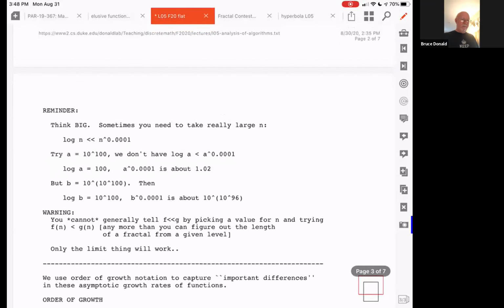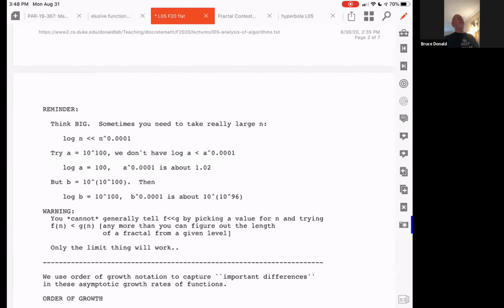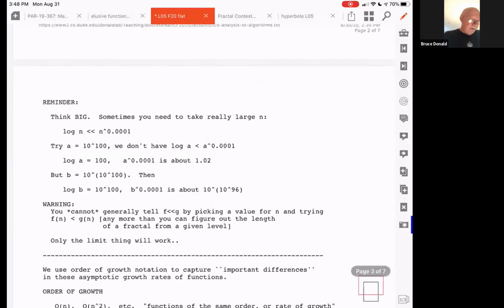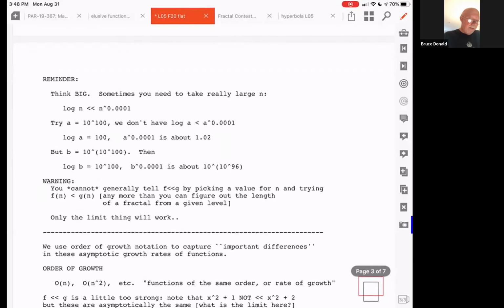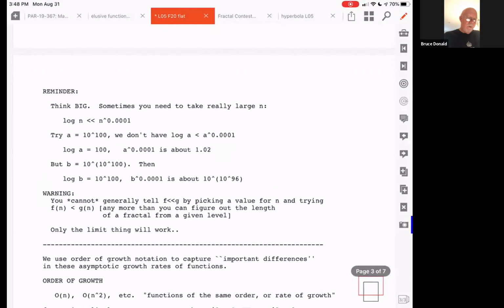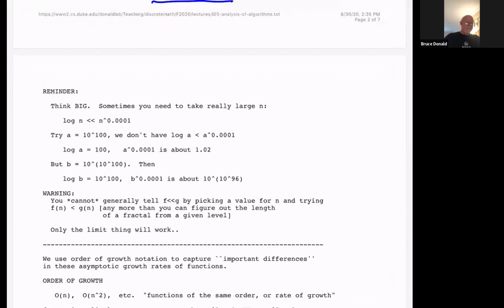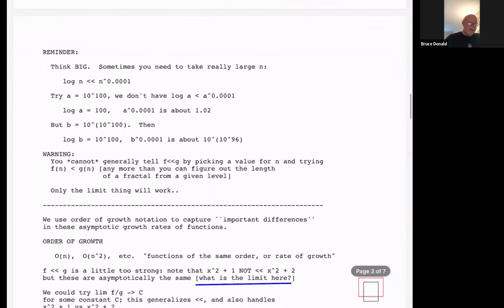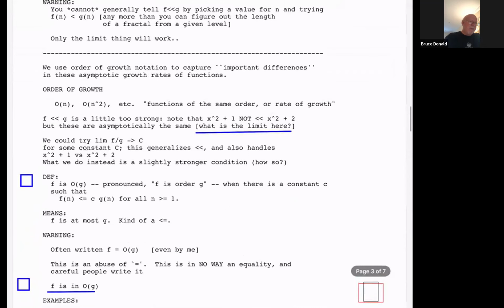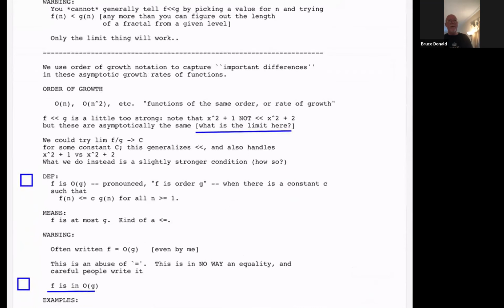So why isn't this funny scripty less than, this pred or "grows more slowly," enough? Well, in some sense, it doesn't do quite what we want. So instead of this, we have this order notation you may have seen in 201 or other classes, or 101, functions of the same order, like order n squared, and so forth. Basically, the issue is that this "grows more slowly" relationship is a little too strong.